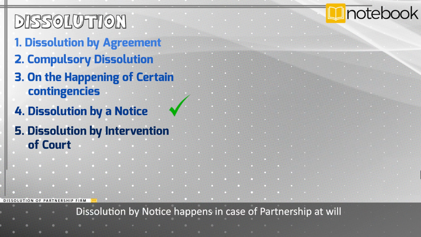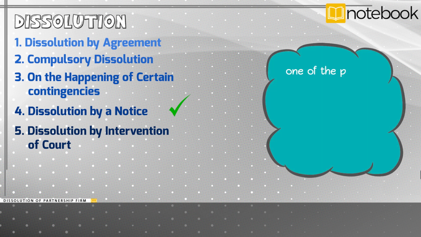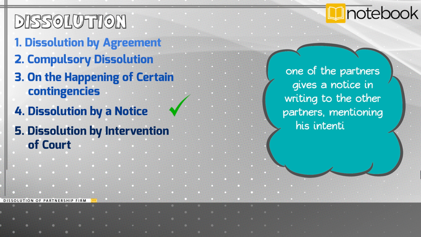Dissolution by notice happens in case of partnership at will, where the firm may be dissolved if one of the partners gives a notice in writing to the other partners mentioning his intention of seeking dissolution of the firm.